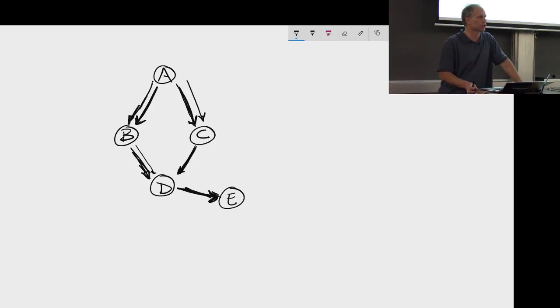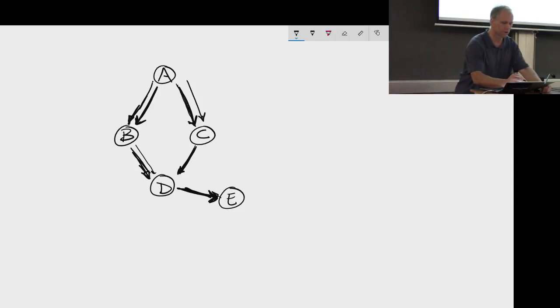It's one of two shortest. But why would we prefer the path A, B, D, E over the path A, C, D, E? Yeah? The shortest path from A to D is A, B, D. Okay. So the shortest path we already found from A to D went via B. If we let the shortest path to E go through C, we can't encode all the paths as a tree.